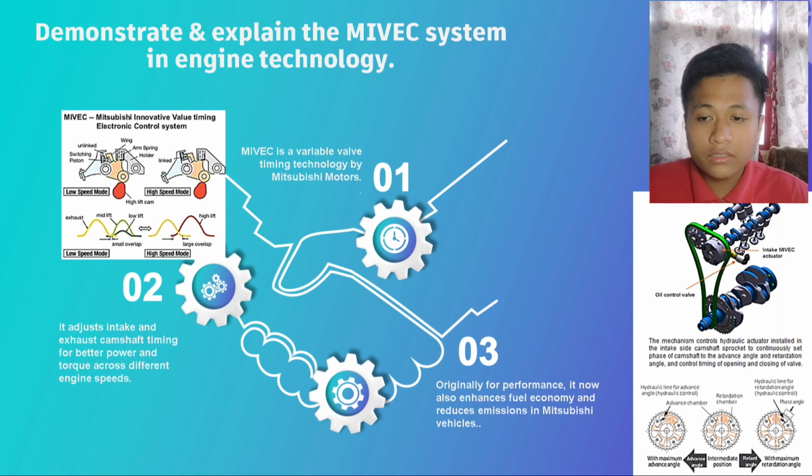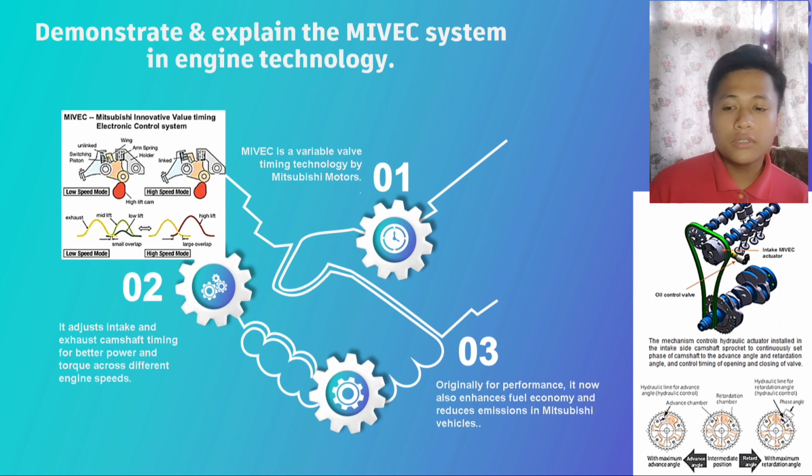MIVEC, as with other similar systems, varies the timing of the intake and exhaust camshaft to increase the power and torque output over a broad engine speed range, while also being able to help spool a turbocharger more quickly. Although initially designed to enhance performance, the system has subsequently been developed to improve economy and emissions, and has been introduced across Mitsubishi's range of vehicles.